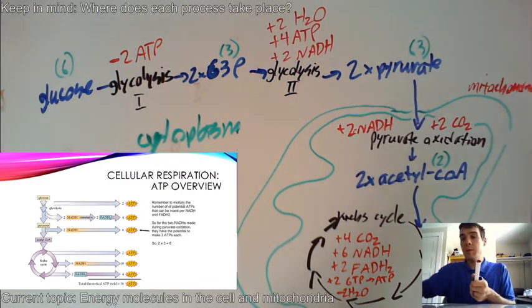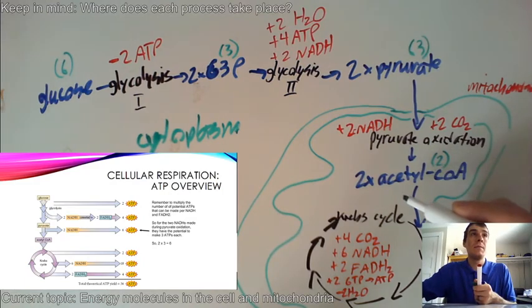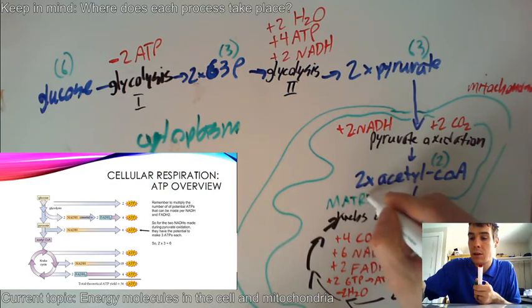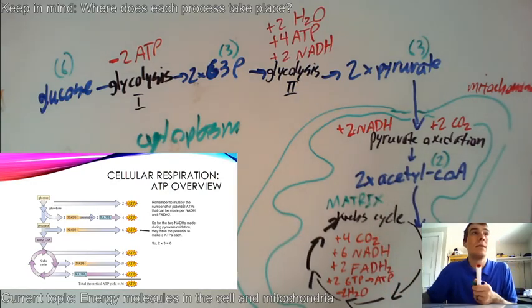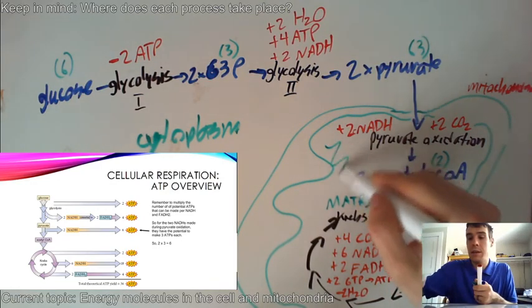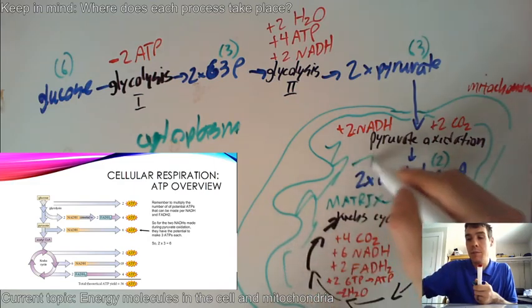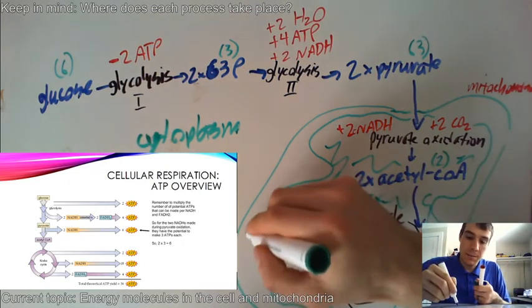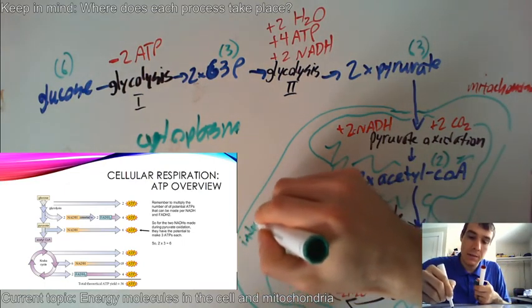So that means that pyruvate oxidation and the Krebs cycle both happen inside the matrix of the mitochondria. So everything in here is considered the matrix, right? The matrix of the mitochondria. This part here is the intermembrane space.